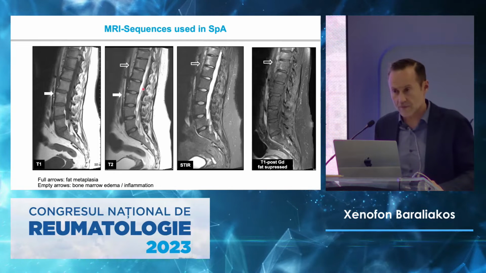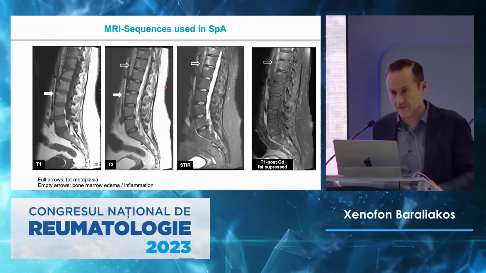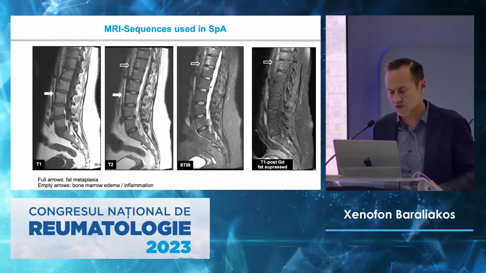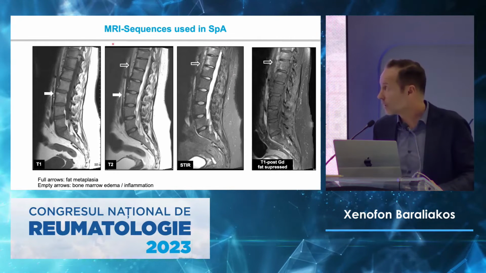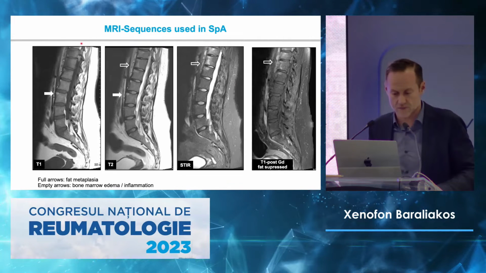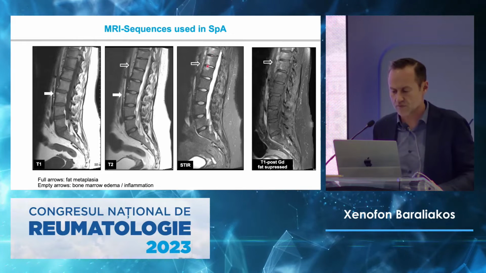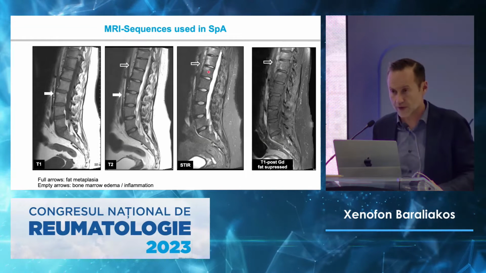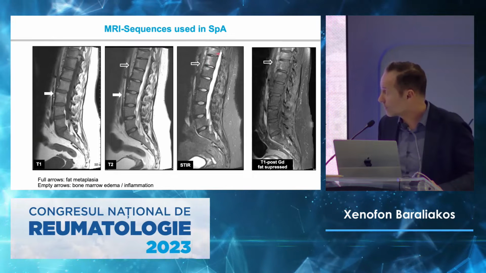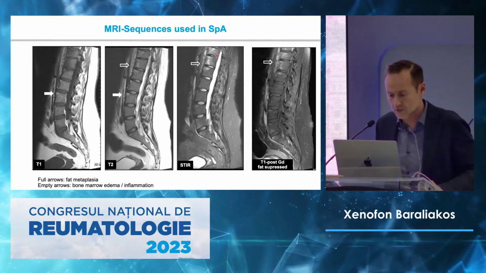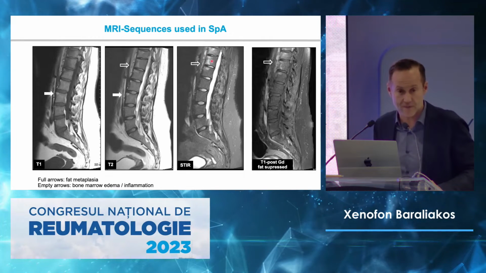The T2, I remind you, shows fluid and fat. The STIR shows fluid but no fat. So this one and this one are the most important ones. Here we see the inflammation because that's the normal bone marrow. It's gray. If it is white, the same as the water, this must be inflammation.